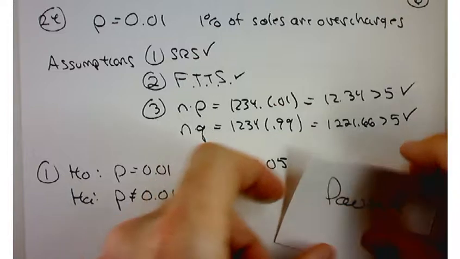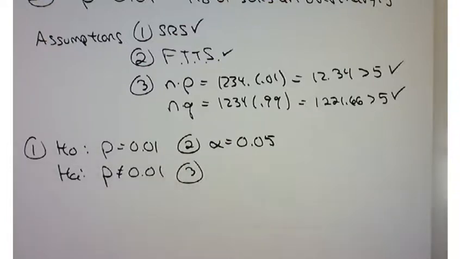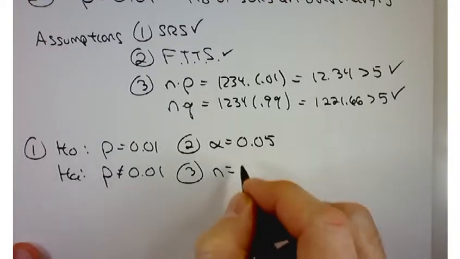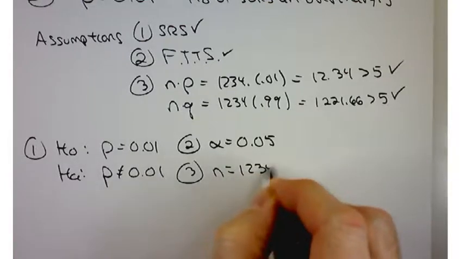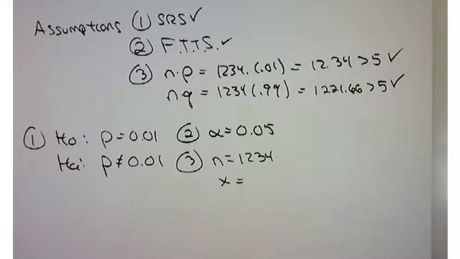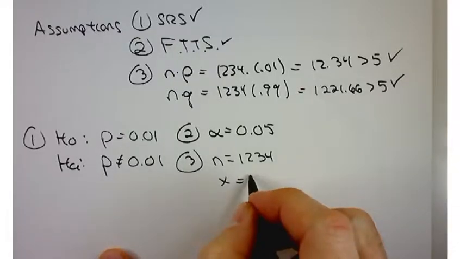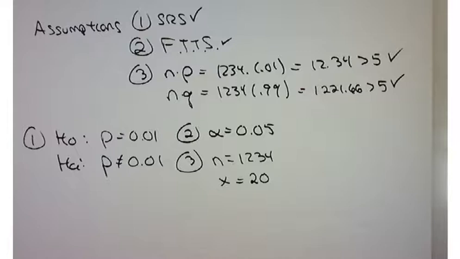So we're in good shape there. Thank you. Alpha is 0.05. Next, I guess what we need is some statistics that we're going to input into StatCrunch. N equals 1234. What's the number of successes that we had amongst those 1234? How many items were overcharges? 20. All right, so we'll input that.